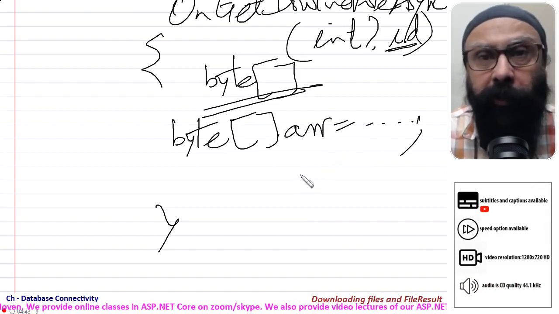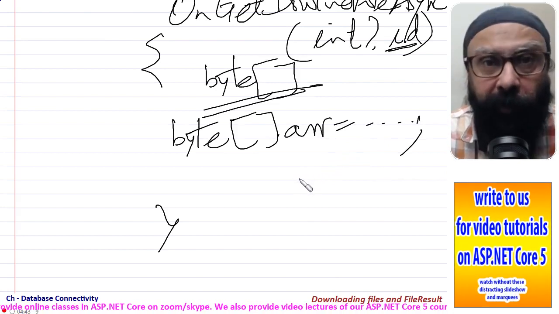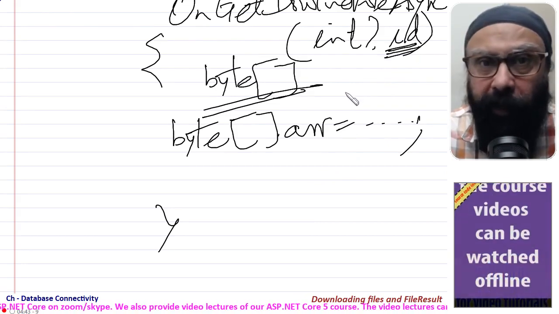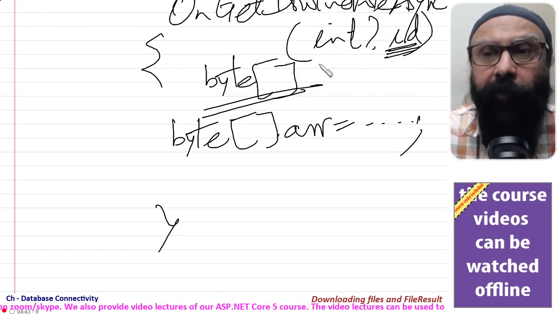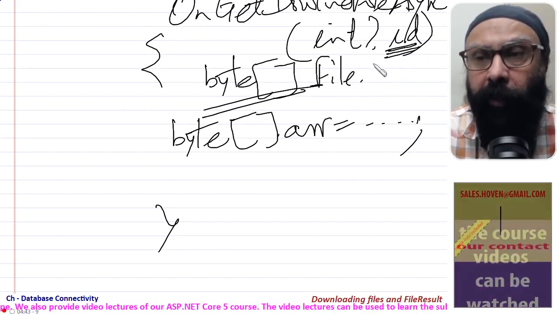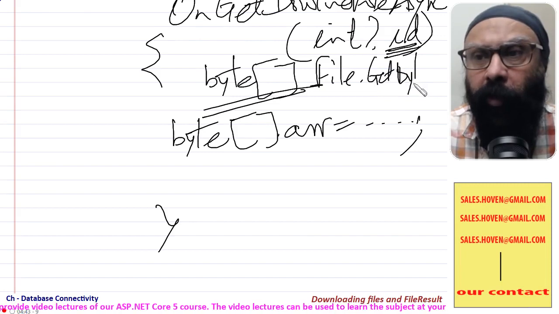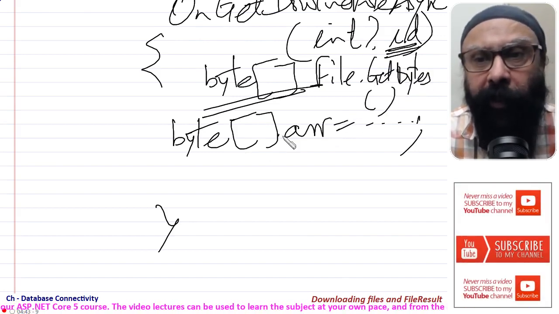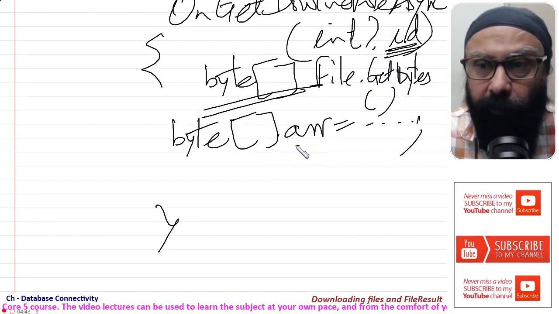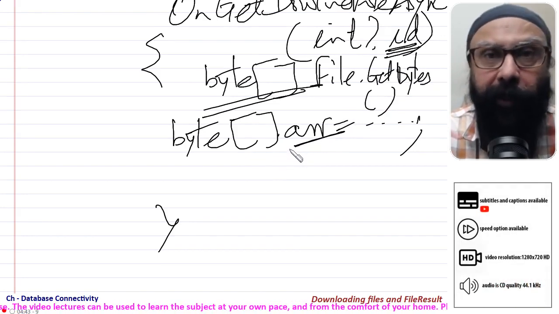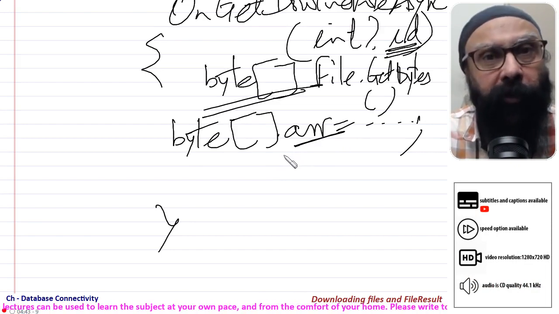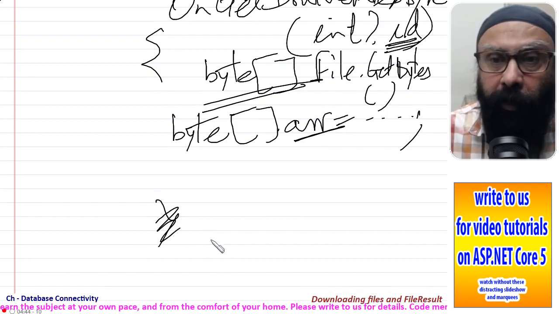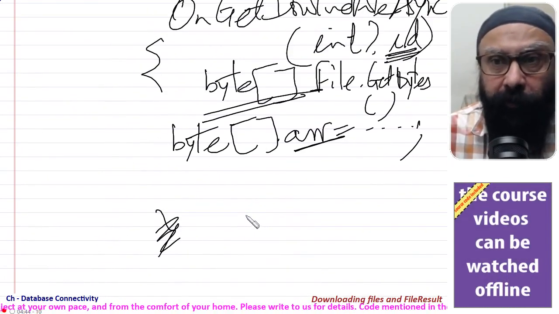Or the database might contain the name of the file corresponding to this ID, and from that file name we could use File.ReadAllBytes, or some such function that gives us all the bytes of the file, and we again get them in a byte array. So we have our byte array consisting of all the bytes to be sent to the client side. Now the question is how to send this.